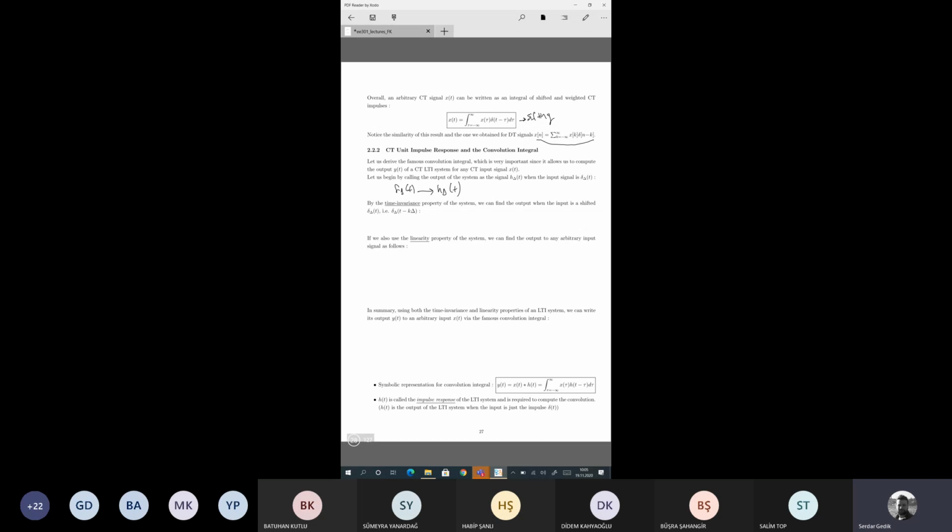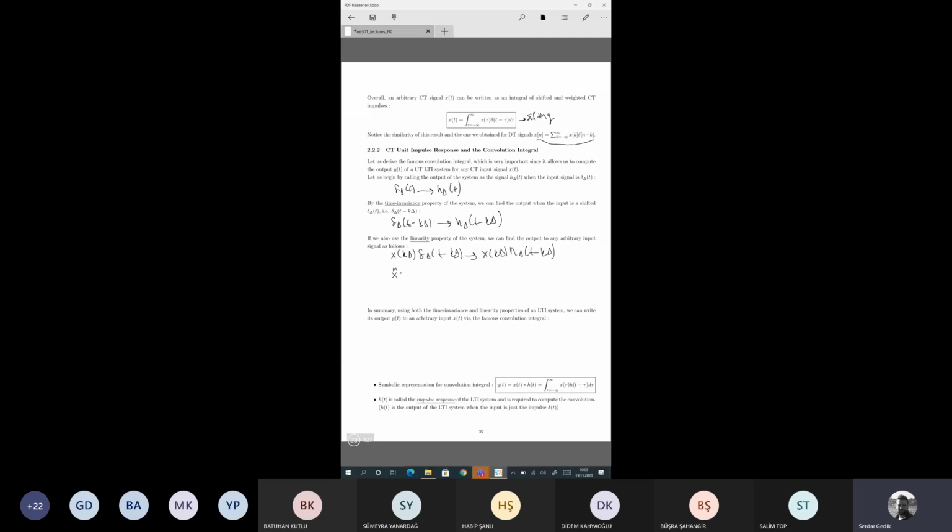Of course, again, by time invariance, I know that if I shift the input, the output is again shifted. Again, by using linearity, if I scale and shift the input at the same time, then at the output I have x of k delta, h delta of t minus k delta.